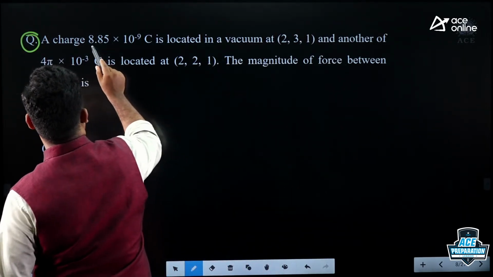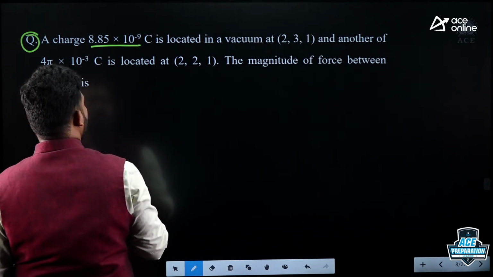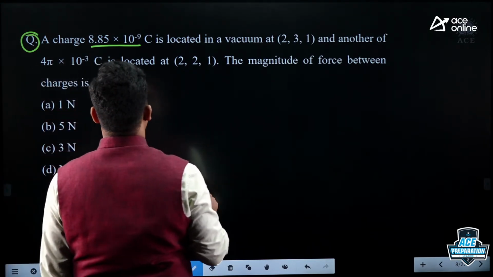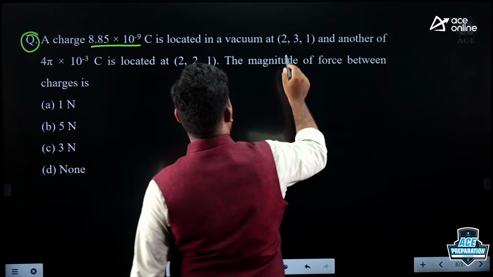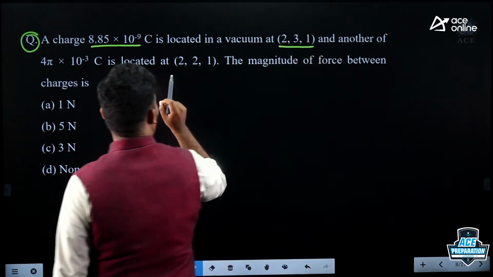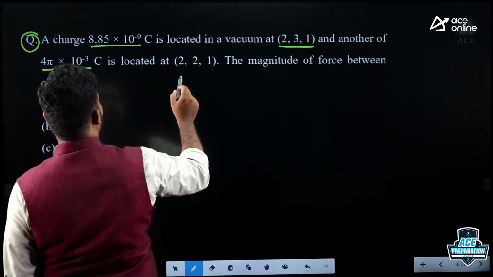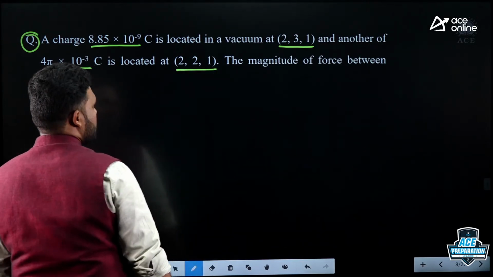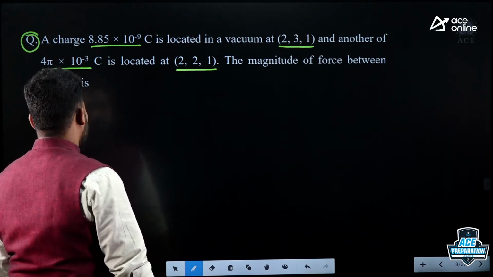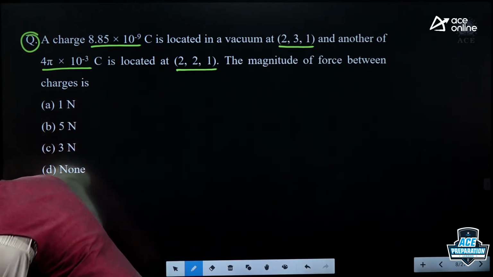A charge of 8.85 into 10 to the power of minus 9 coulombs is located in a vacuum at (2, 3, 1), and another charge of 4 pi into 10 to the power of minus 3 coulombs is located at (2, 2, 1). The magnitude of the force between the charges is.